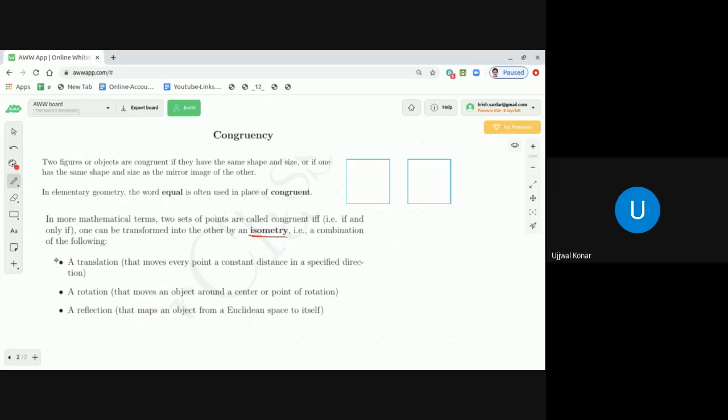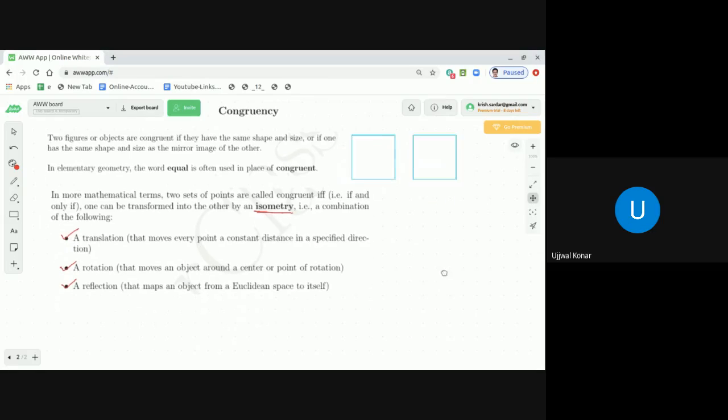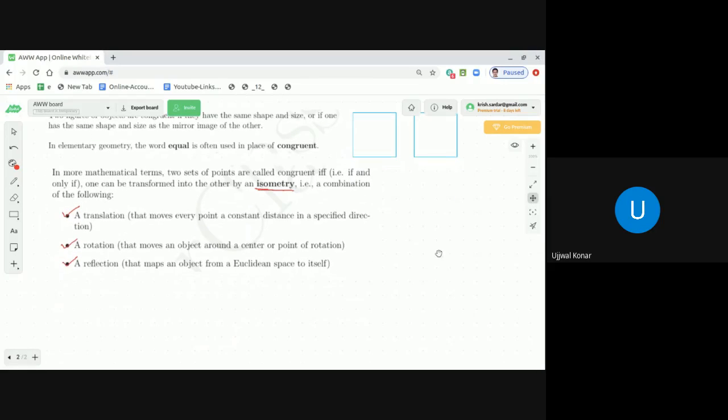The first one, a translation that moves every point a constant distance in a specified direction. Second, a rotation that moves an object around a center or point of rotation. And third, a reflection that maps an object from a Euclidean space to itself. These are the more formal way of defining when two sets are congruent.